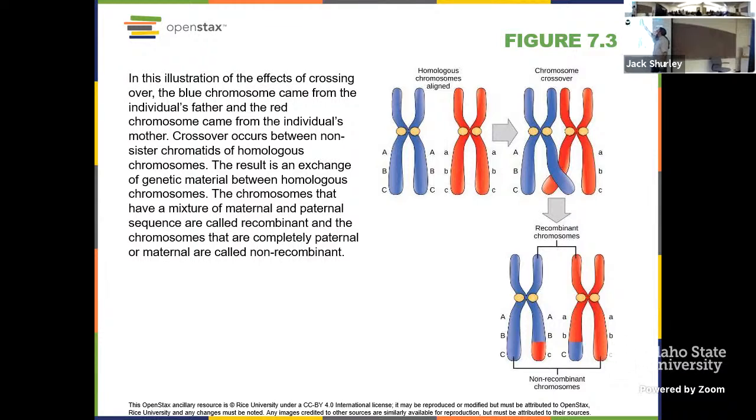duplicated, right? As these guys are held together, this is random. It doesn't happen all the time, and it doesn't happen with every chromosome, all right? But it can happen, all right? And this is important. As these homologous pairs are brought together, the sister chromatids have the potential to exchange material.